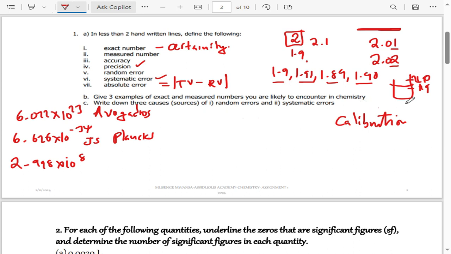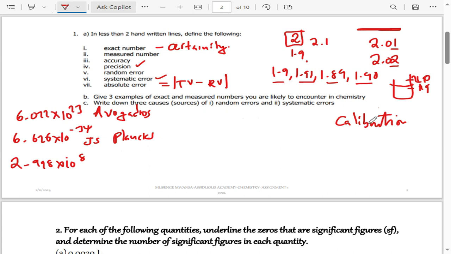Another thing can be bias, whereby you have got a preconceived notion affecting measurements. There is already something that you are concentrating on. In other words, you are biased. You are just trying to concentrate on one end. That's the meaning of biased. Trying to concentrate on only one portion. So that will lead you to measuring wrongly.